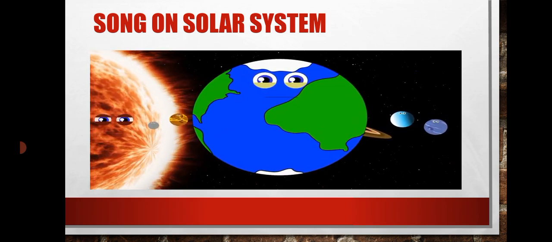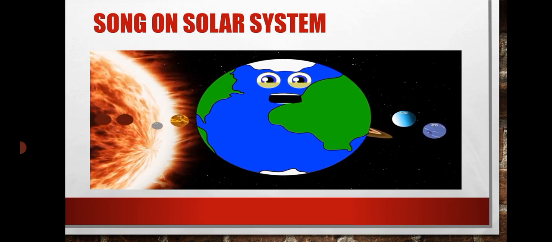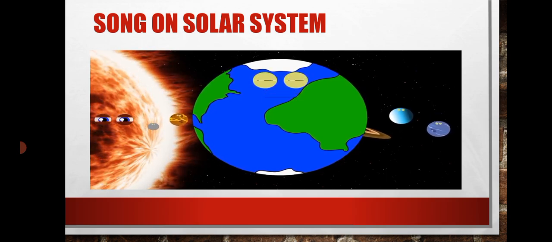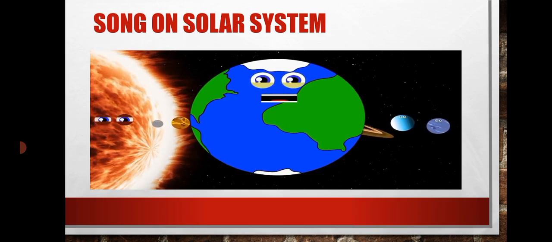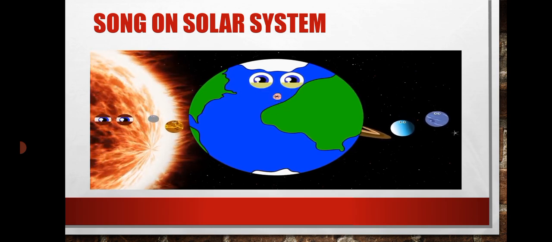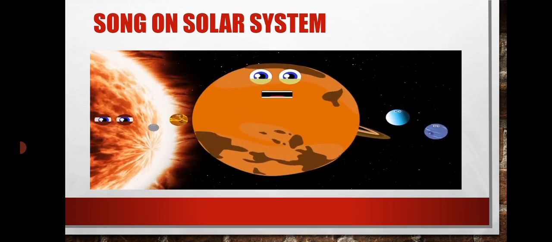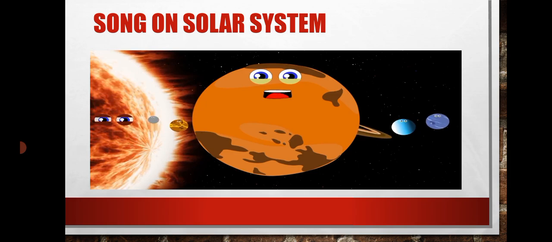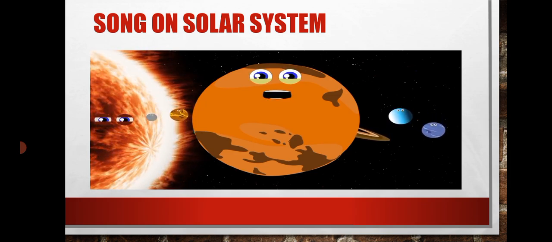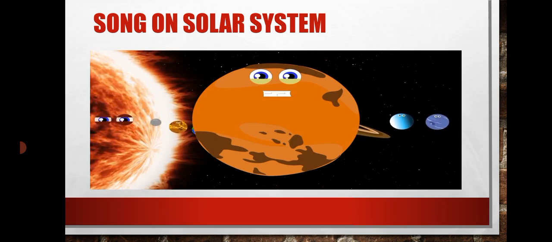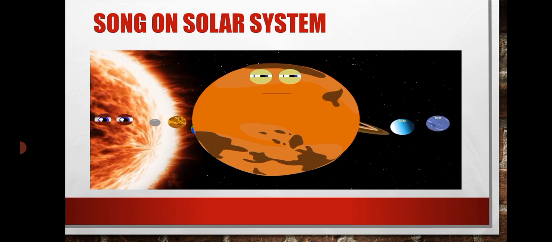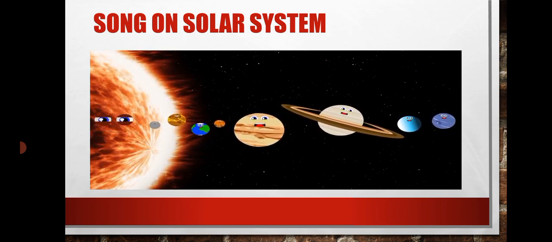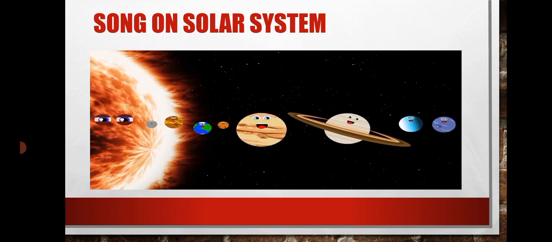My name is Earth, and I'm the planet you live on, the third planet from the sun. I'm the only planet with organic life, so take care of me, 'cause we're all one. My name is Mars. I am red in color. I'm the fourth planet from the sun. I have the highest mountain in our solar system, a volcano named Olympus Mons. There are 8 planets in the solar system. We revolve around the sun.